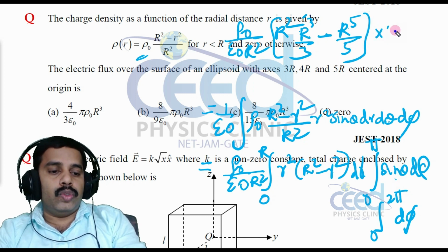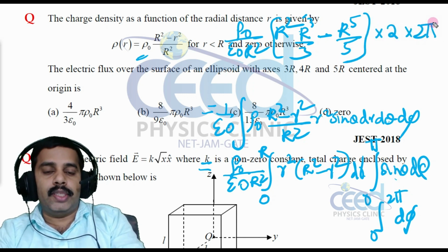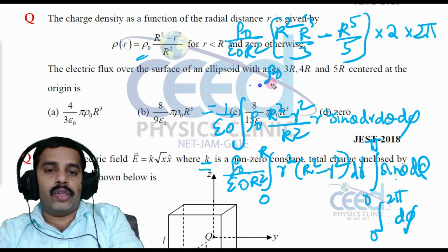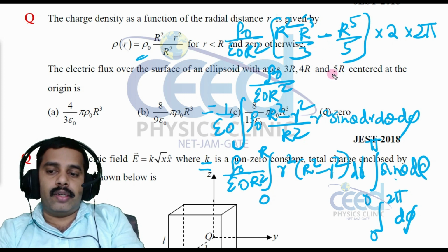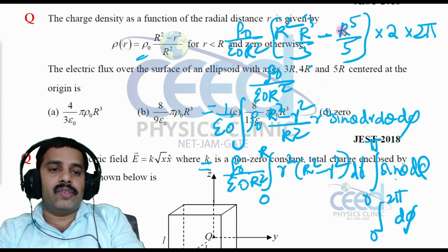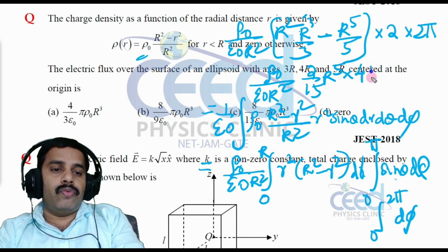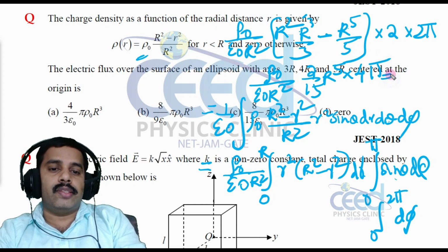Here it is 2 and here it is 2 pi. So rho 0 by epsilon 0 R square, and here 2 by 5 minus 3, that is 2 by 15 R raised to 5 into 4 pi. So we have the answer.